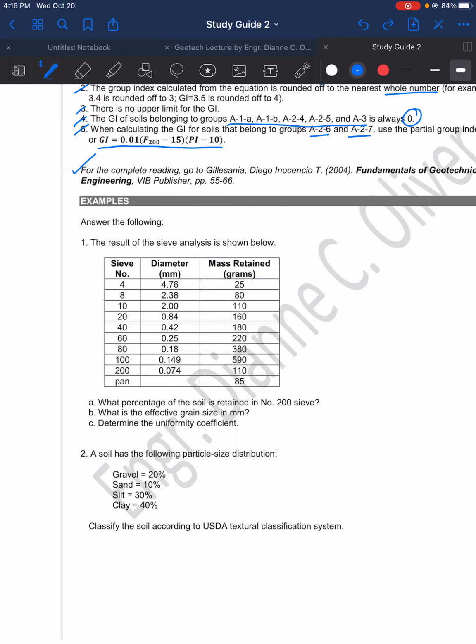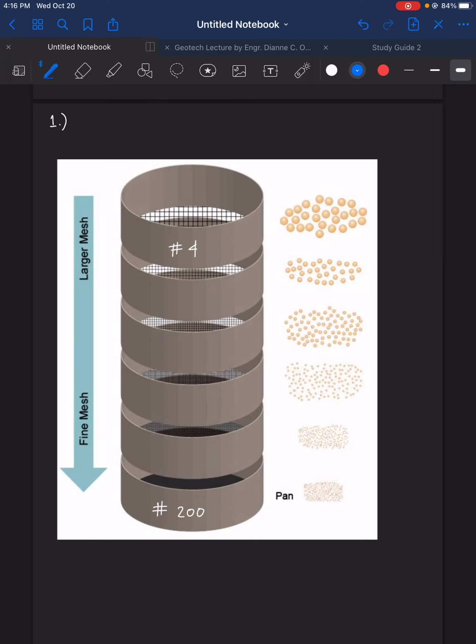Mass retained here means that if you pour your soil here, for example, 1 bag of 1 kilo of soil, obviously the finer particles will go down and the larger particles will remain on the sieve wherein it cannot pass through.